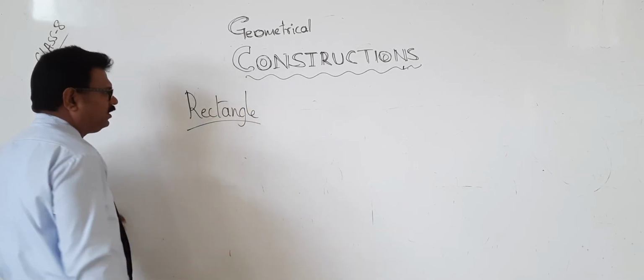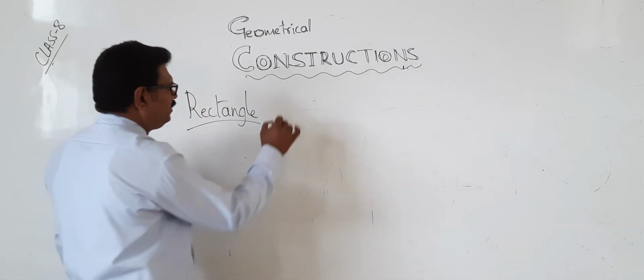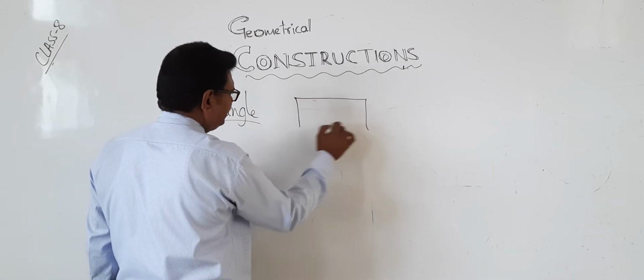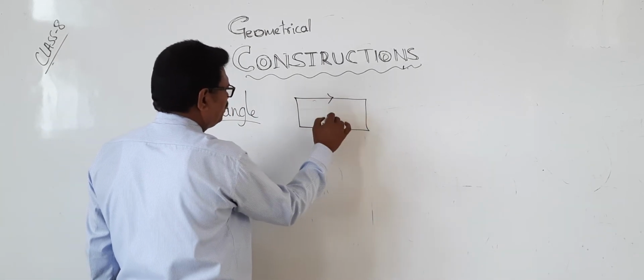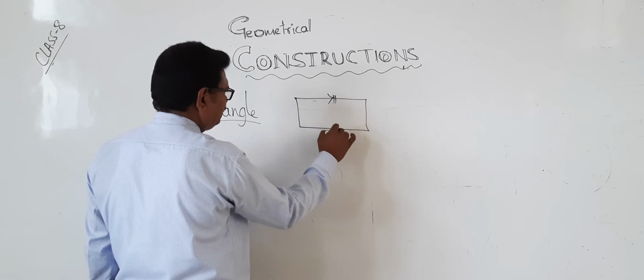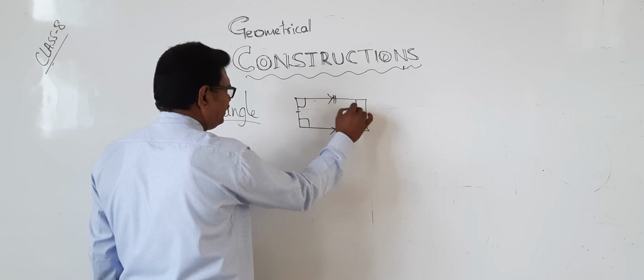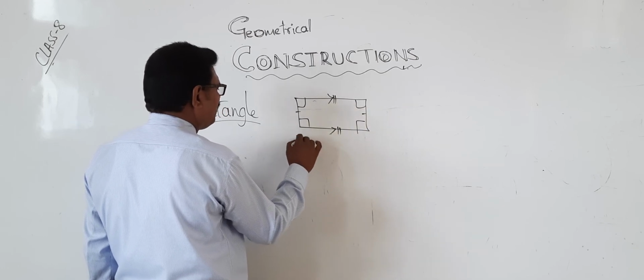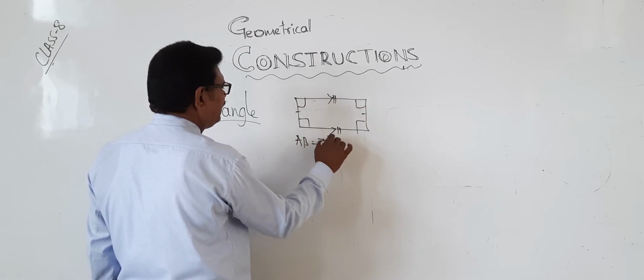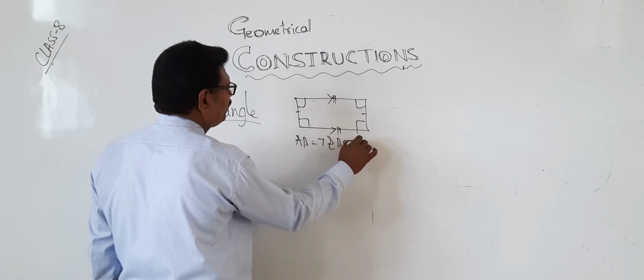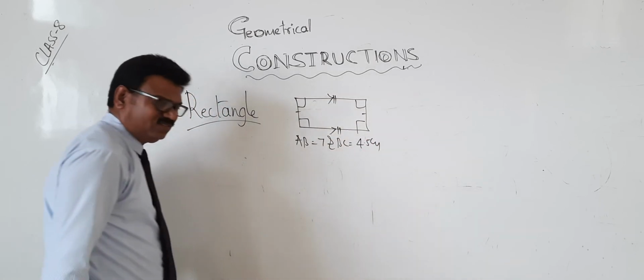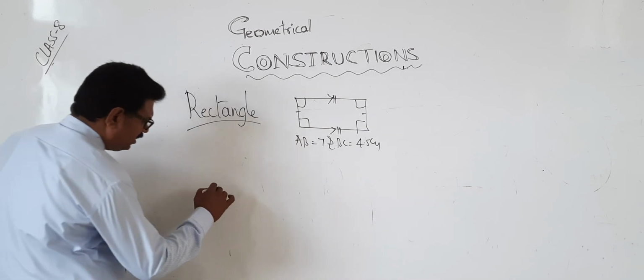Rectangle means what? In a rectangle we know that opposite sides are equal, these two are like this and these two are like this, and all angles are equal to 90 degrees. That means if they have given AB equal to 7 and BC equal to 4.5 centimeters, enough it is. Okay? So how to draw this?